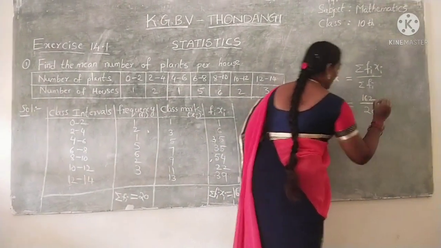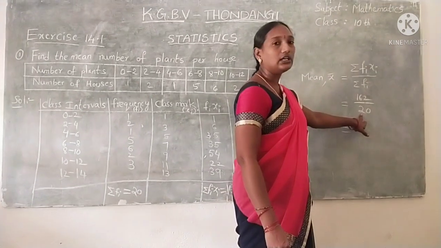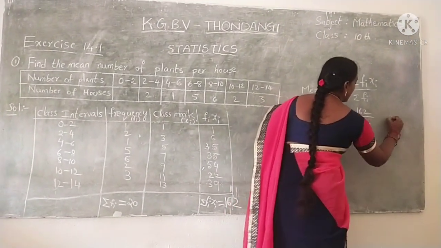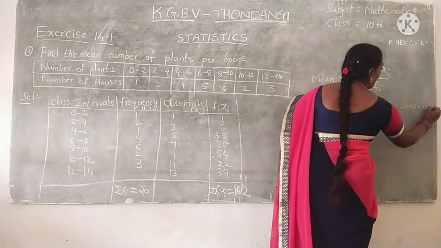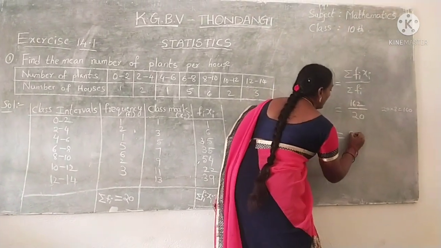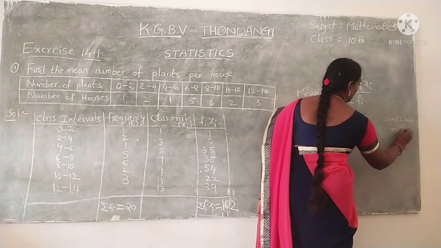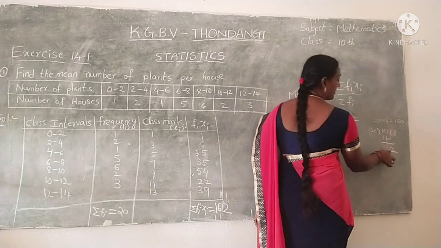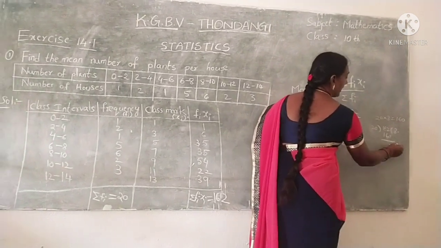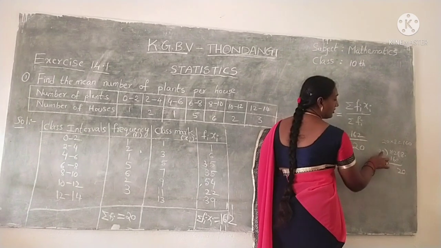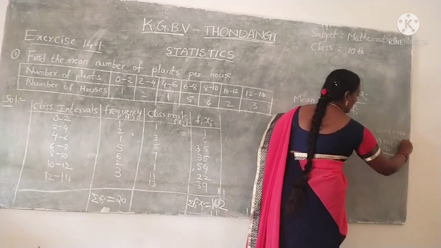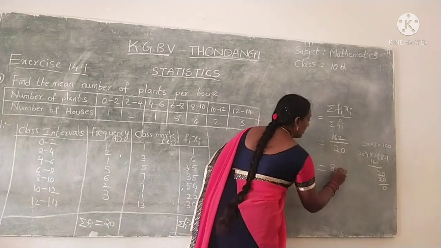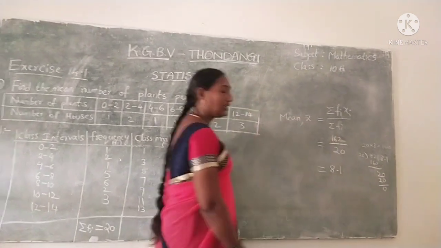So here we divide 162 by 20. 20 eights are 160, so 8. Here the remainder is 2, put a decimal point and a 0. 20 into 20, one time. So the value is 8.1.